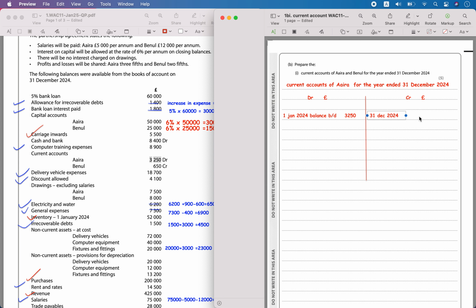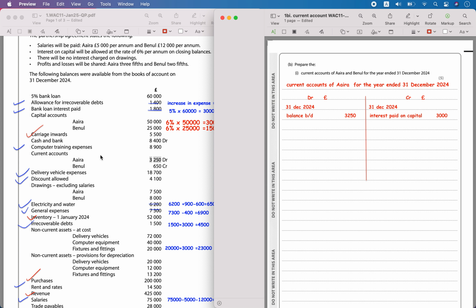Interest paid on capital, so that was around 3000. Then we have interest on capital.